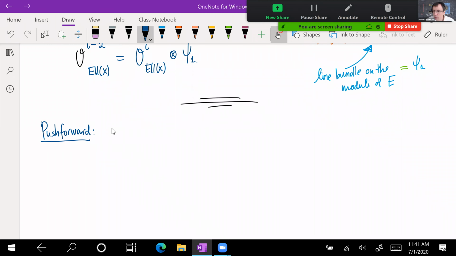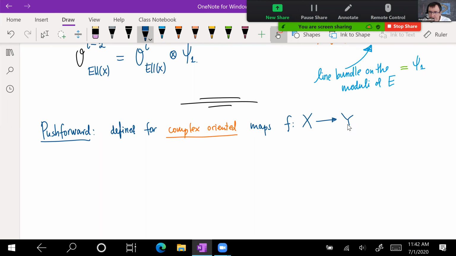Pullbacks are defined for any continuous equivariant maps. Push forwards are not defined for any maps. They're defined for something called complex oriented maps.